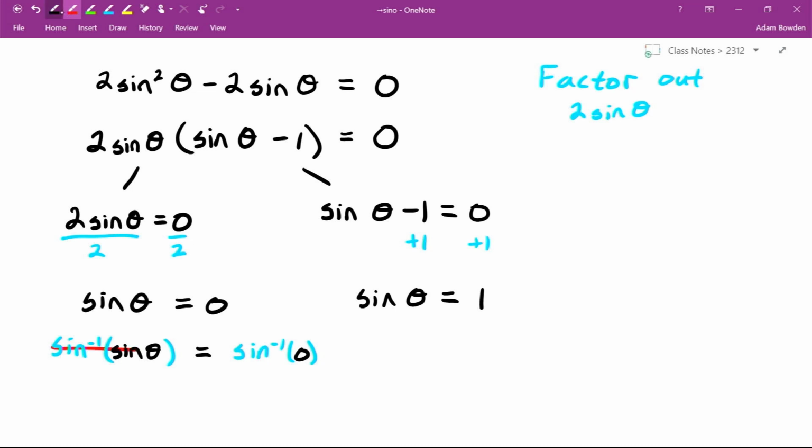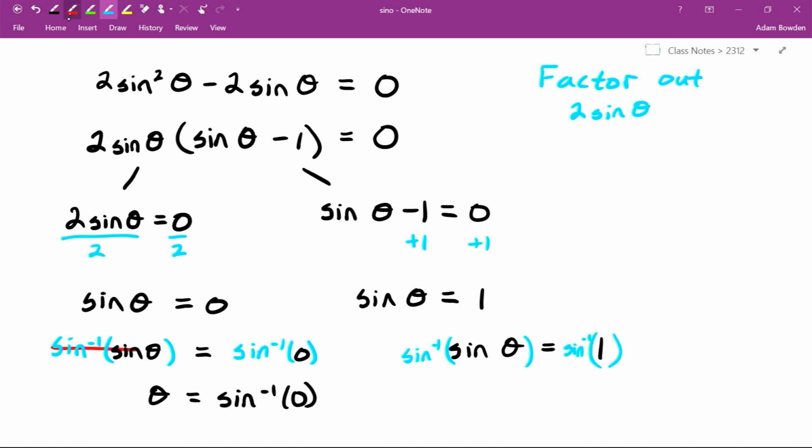Considering then that theta can be found by the sine inverse of 0. And similarly on the other side, we take sine inverse for 1. So theta can be determined by looking into the sine inverse of 1.